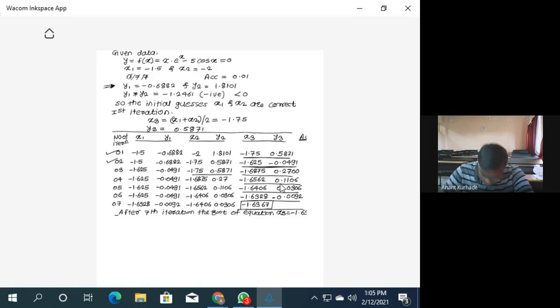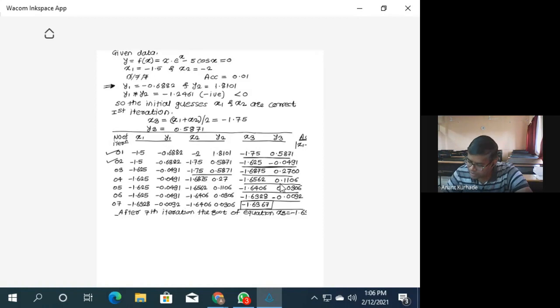Accuracy is nothing but the mod of x1 minus x2, or you can say x2 minus x1, whatever. Here you can calculate their accuracy.